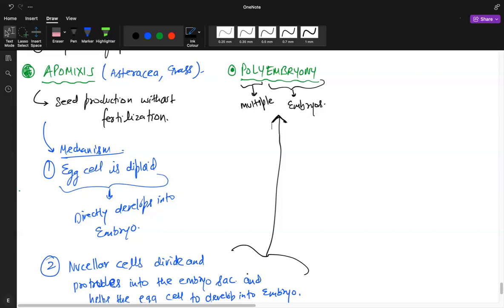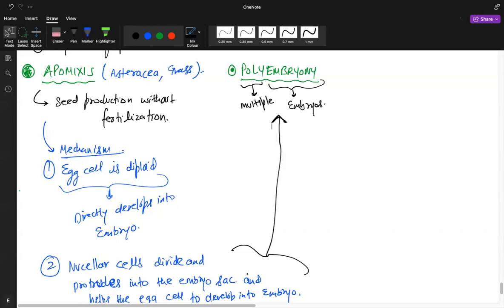And this happens in many citrus plants like lime, lemon, orange, all these, the citrus family. And it also happens in mango. Mango has a single seed, but sometimes the single seed can contain multiple embryos.